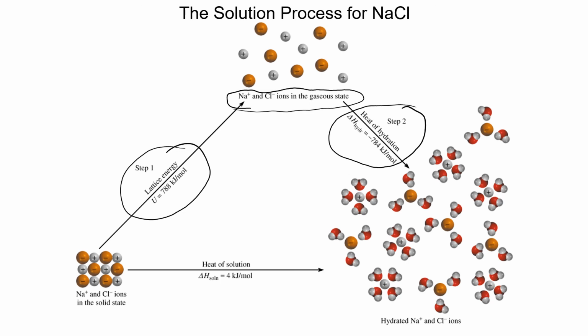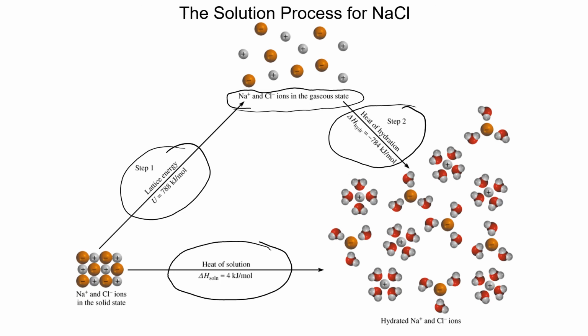So if you look at this, the heat of solution, which we can determine using calorimetry, has been found to be 4 kilojoules per mole. And if we use Hess's law to calculate the heat of solution, we will also come up with 4 kilojoules per mole.